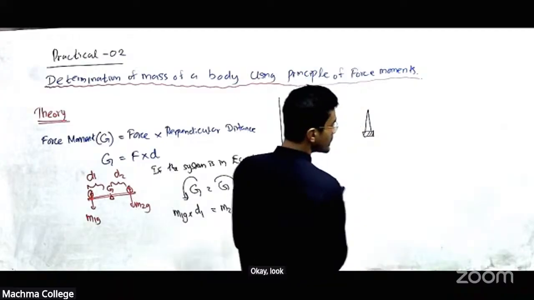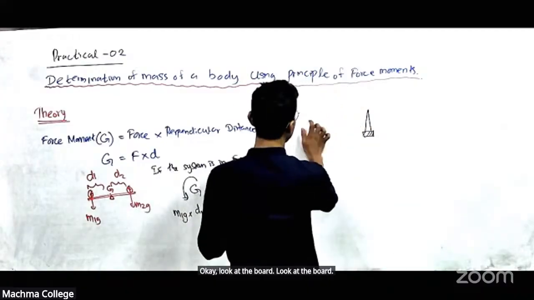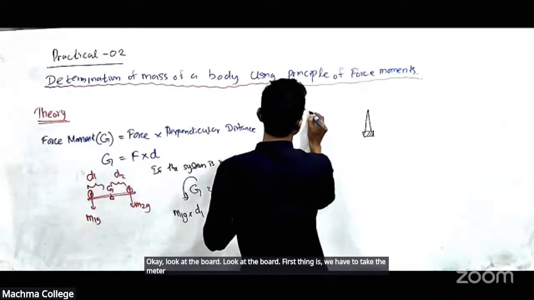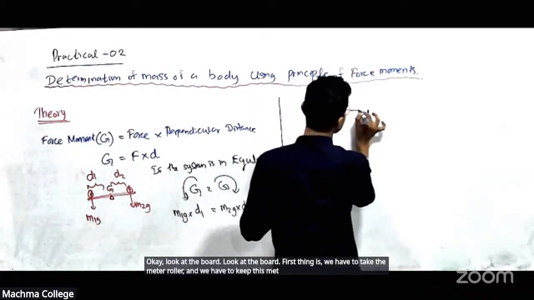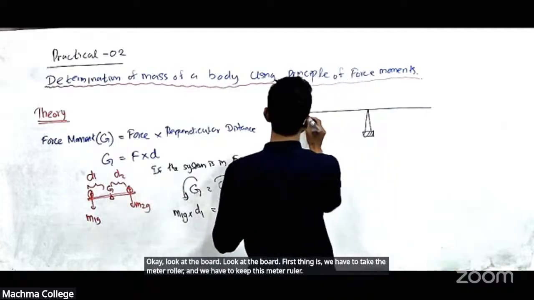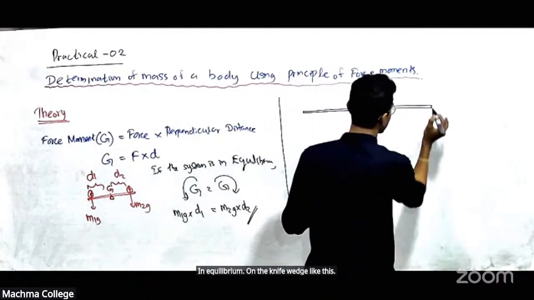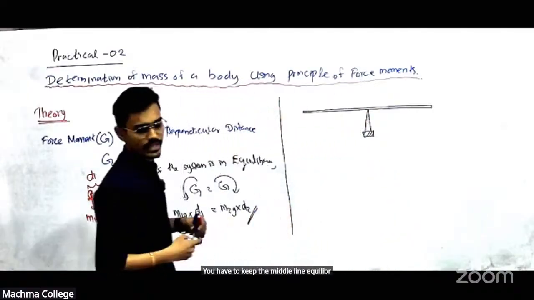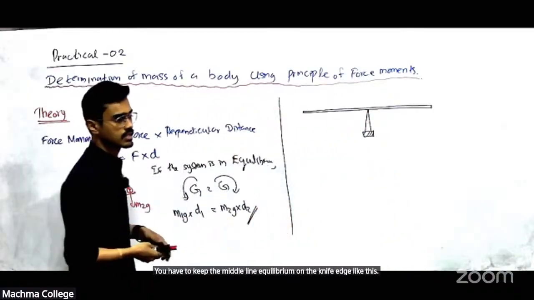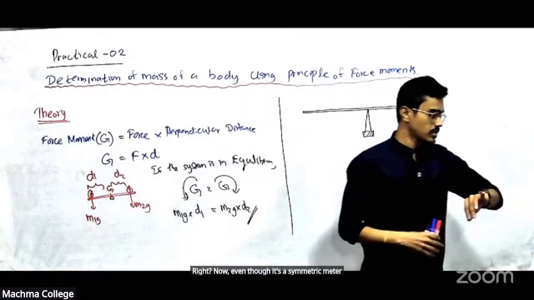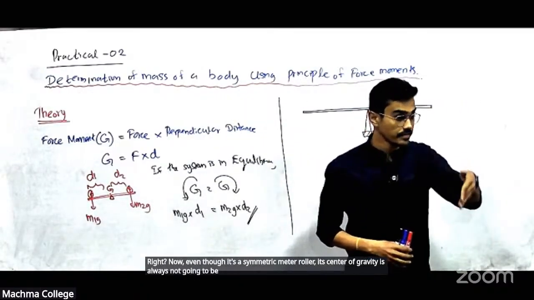Okay, look at the board. First thing is we have to take the meter ruler and keep it in equilibrium on the knife edge like this. Even though it's a symmetric meter ruler, its center of gravity is not always going to be at 50 centimeters.